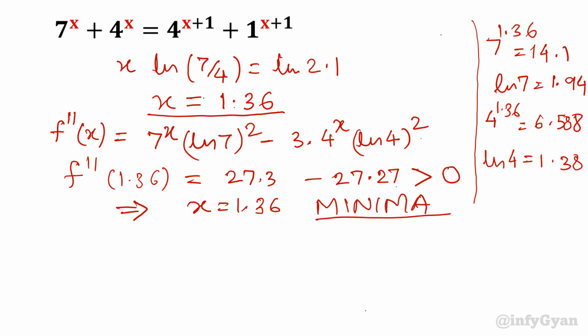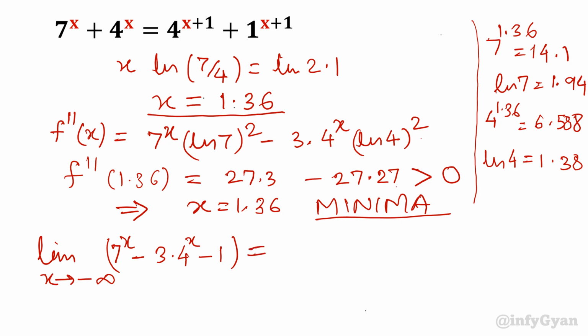Now let's form a few points. The limit of the function value when x tends to minus infinity. What is the function value? The function is 7 power x minus 3 times 4 power x minus 1. If you put x tending to minus infinity in this, it is like 1 over 7 power x, it is negative infinity actually.